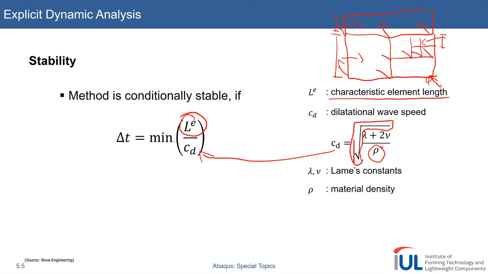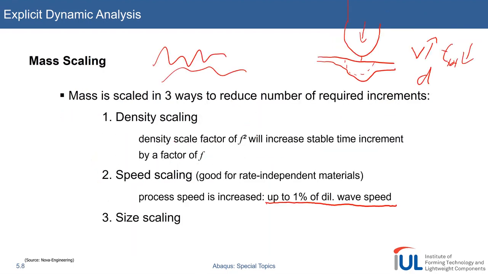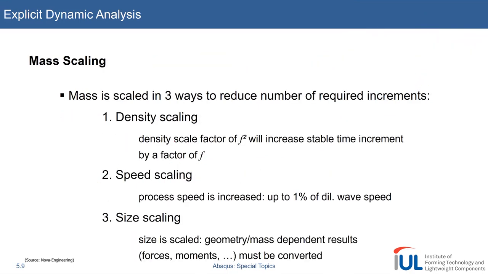So if you now make your model 100 times as big, you increase your L by 100 times. In this case, you would have to convert the forces, moments, and so on. So the distances and the forces cancel out, so your stresses remain constant. This is kind of cool. The cool thing about size scaling is your stresses remain constant.